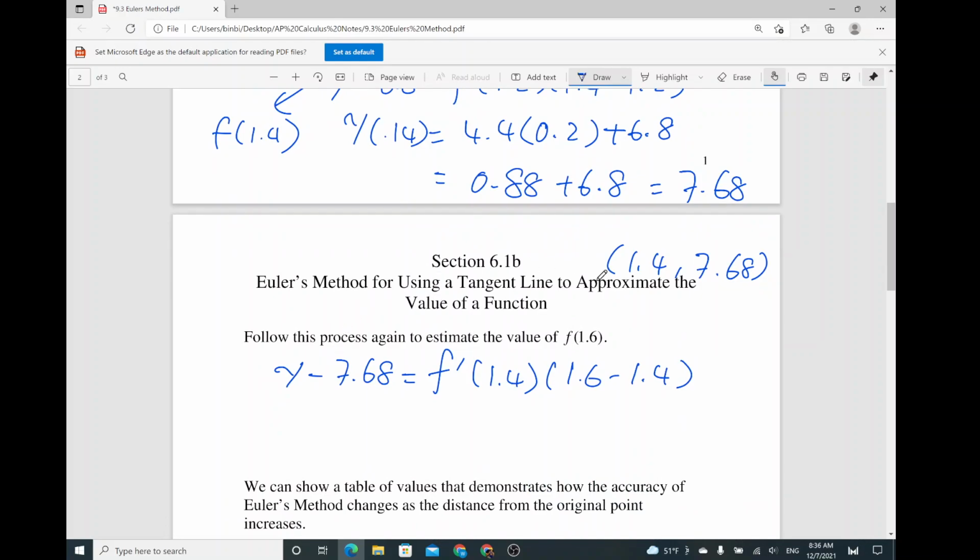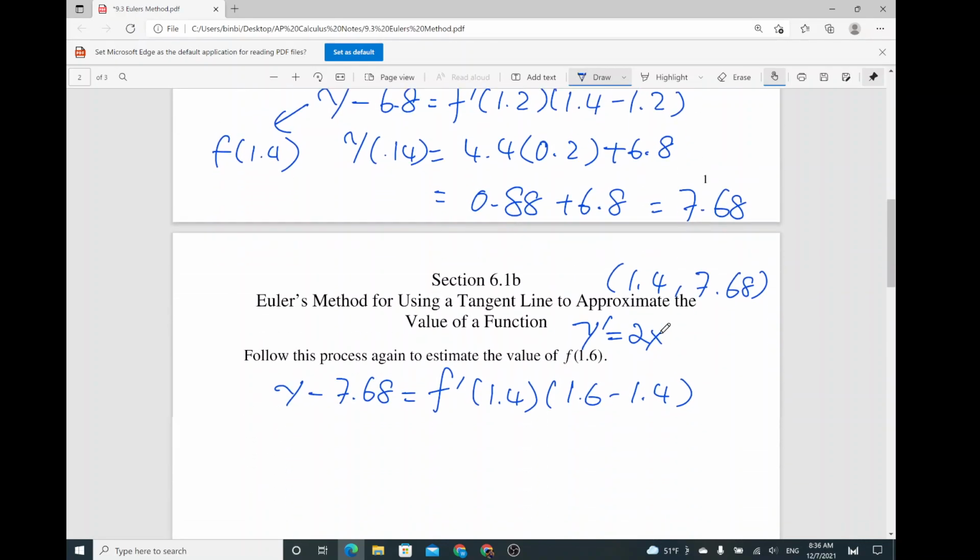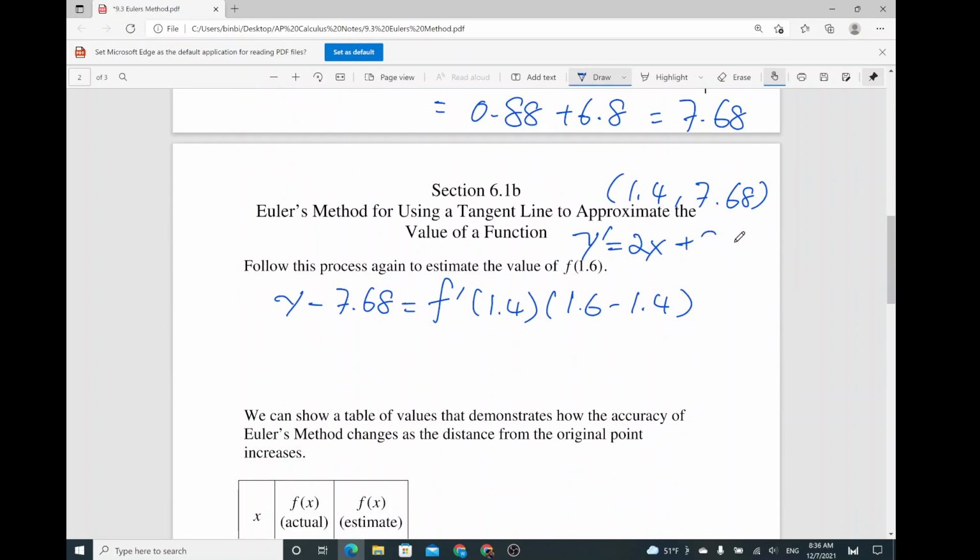Okay, so find out what that is. y prime is 2x plus 2. Find the slope there, y prime of 1.4, so 2 times 1.4 plus 2. So 2.8 plus 2, which is 4.8.